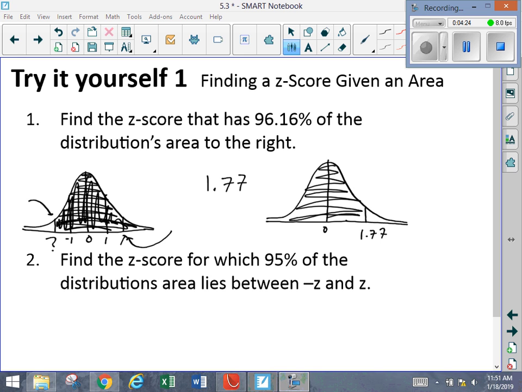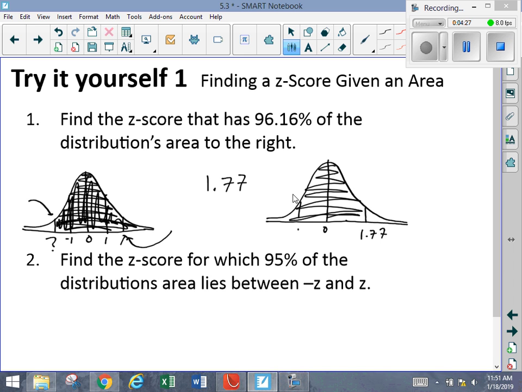But what we were looking for was this point. So that point is negative 1.77, and that is actually the answer. Does that make sense? Because the distribution is symmetric, it goes negative, positive, and it's the same on each side. That's why I'm able to just switch.